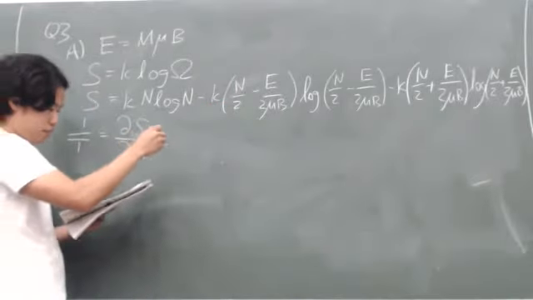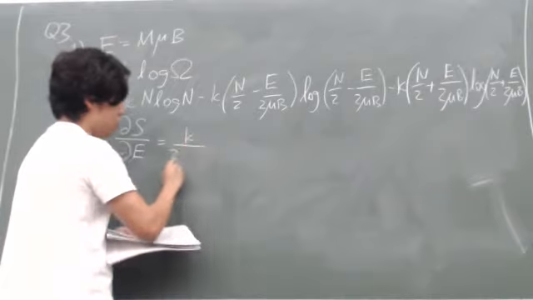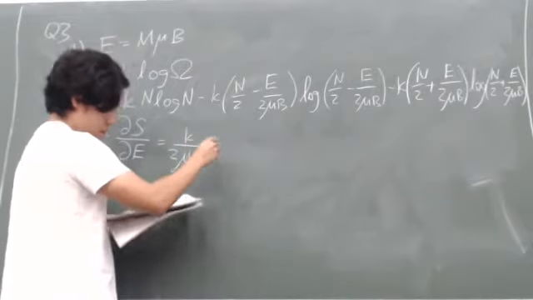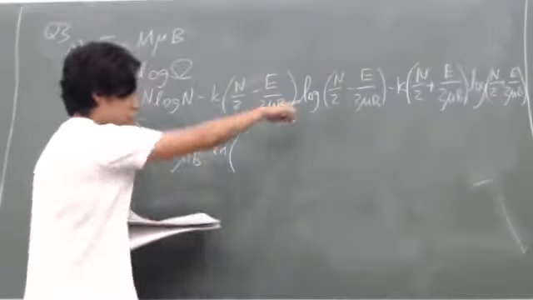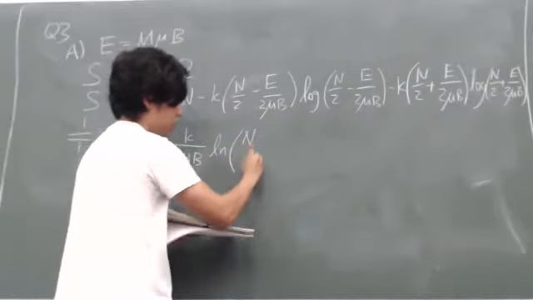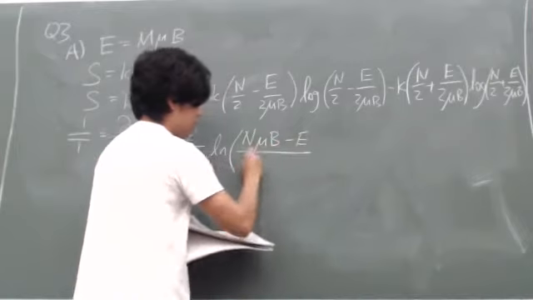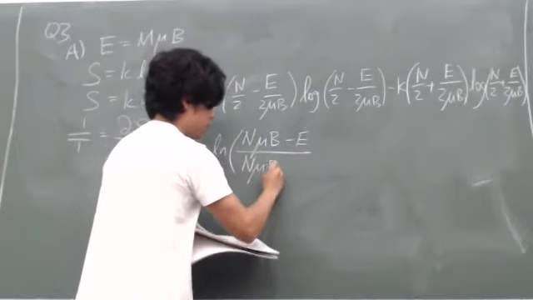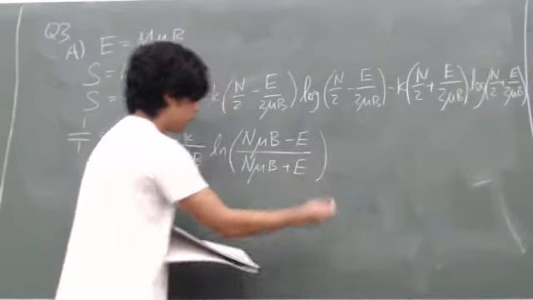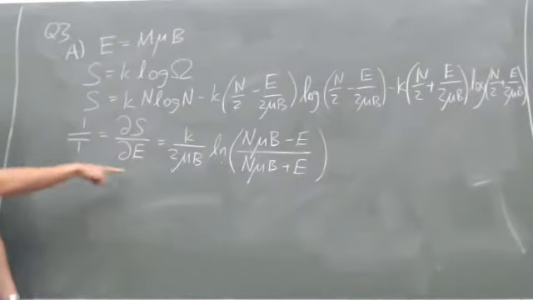So dS/dE is going to be k on 2 mu B log of, combining a couple of these terms, it's just algebra, (N mu B minus E) divided by (N mu B plus E). So this is the expression for 1 over temperature.